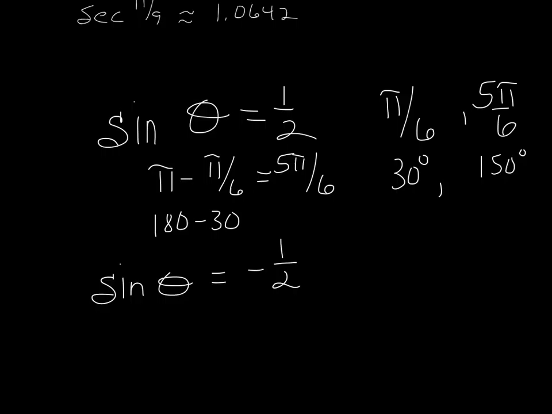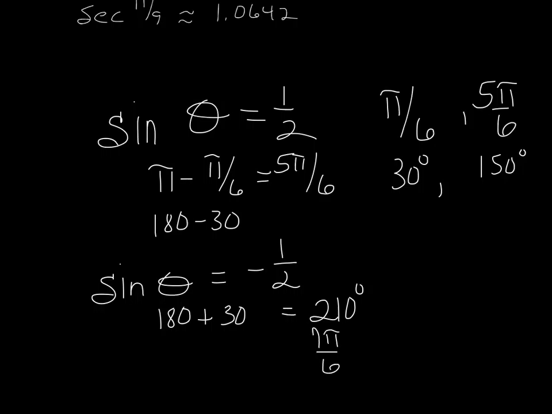So if the reference angle is 30 degrees, what's the quadrant 3 angle? We're going to have to take 180 and add 30 degrees. And so what is it going to be? 210 degrees. If we wanted to express that in radians, what is that? Pi plus pi over 6 is 7 pi over 6.